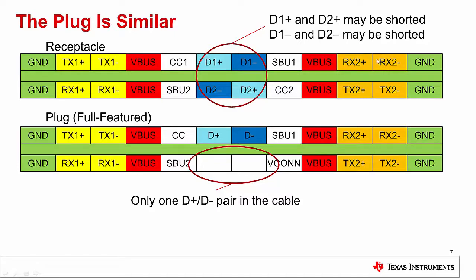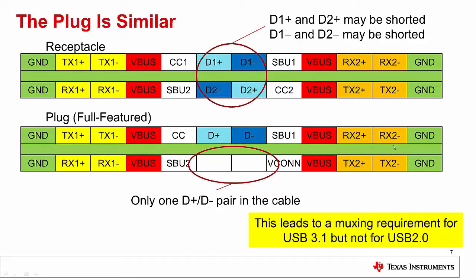And the RX pair is diagonal and opposite of the other RX pair. So you can see that if the plug's inserted right side up or upside down, they'll still be in alignment. All the VBUS and ground pins will align. And then based upon how the system detects CC1 or CC2, sees the CC pin, that will determine the orientation of the plug.